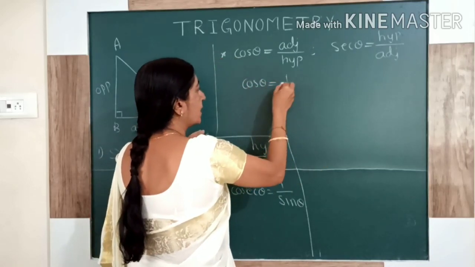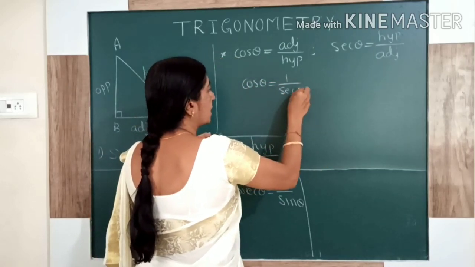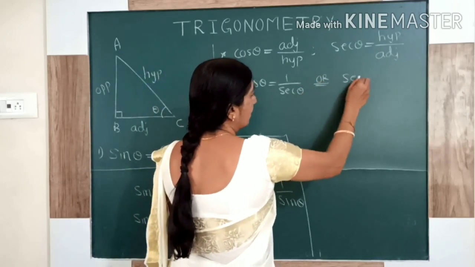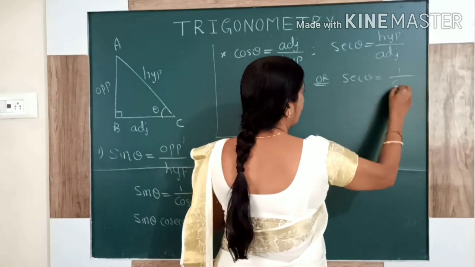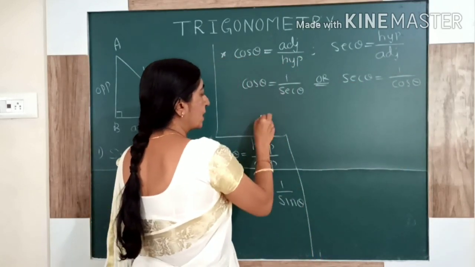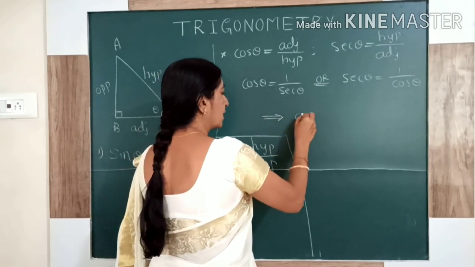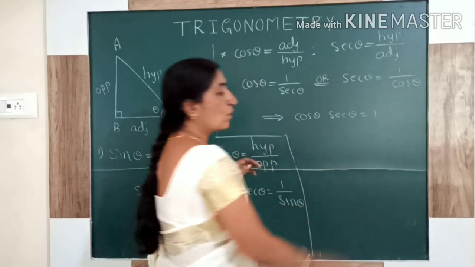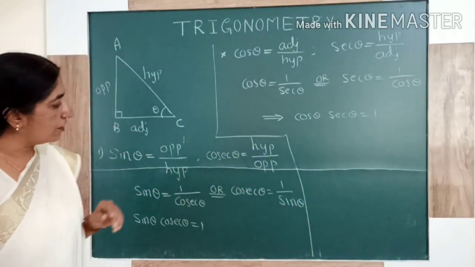Cos theta will be 1 by sec theta, or we can write sec theta will be 1 by cos theta. Then again when you cross multiply, you will get one more, that is cos theta into sec theta is equal to 1. See, is it easy or what?